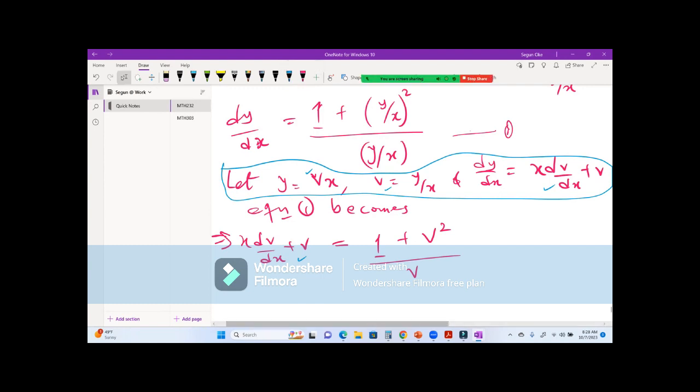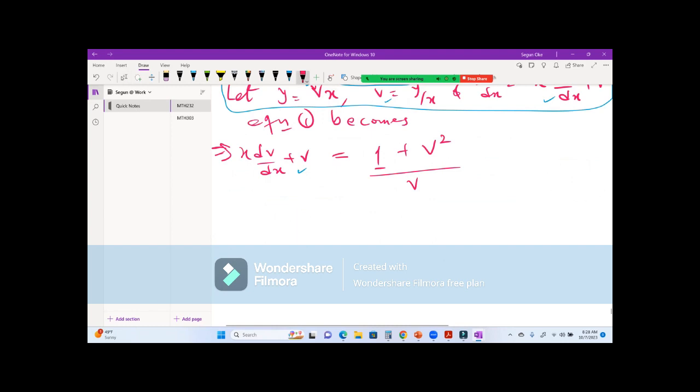Okay, thank you. So we can also play some mathematical game here by saying x dv/dx plus v is the same thing as 1 all over v plus v squared over v. Do you agree with me?